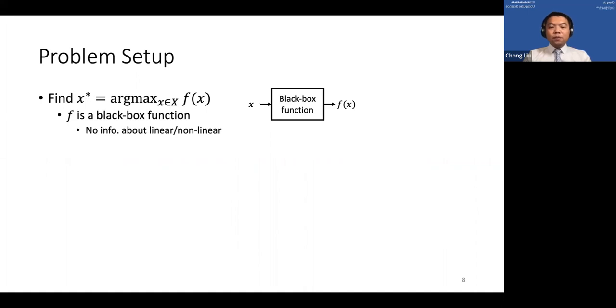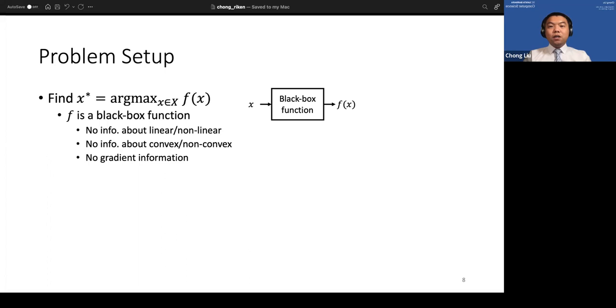I don't know. Also, I have no information about whether this is a convex function or non-convex function. I don't know. Also, I have no information about the gradients, which means that I cannot use linear function optimization, convex function optimization, or first order, second order gradient optimization methods to solve this kind of problem.